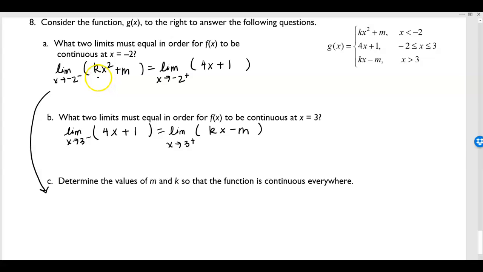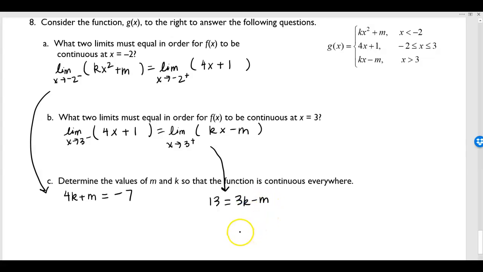The first one I'm going to evaluate at -2, plugging that in for x. So I would have -2 squared times k, 4k plus m, is equal to, evaluating this at -2, so I'd have -8 plus 1, that's -7. This equation here, I'm evaluating at 3, so 4 times 3 plus 1 is 13. That equals 3k minus m.